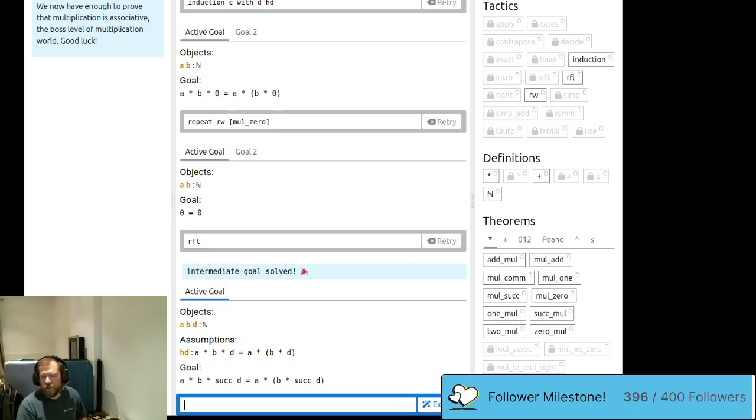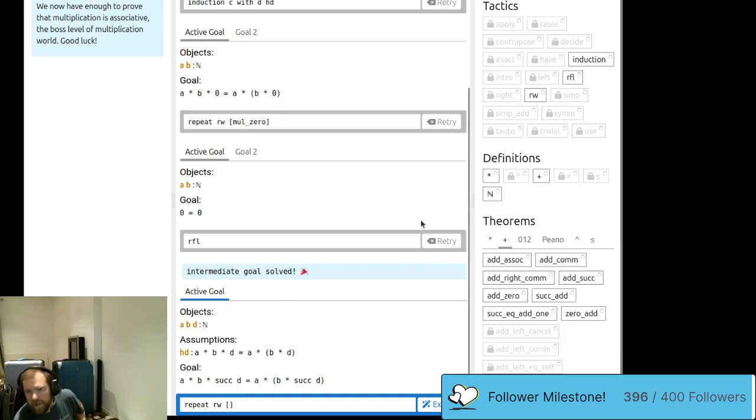So in this particular case, we're going to say that a times b times successor of d, we're going to rewrite this. You know what, we're going to rewrite, we want that the successor equals add 1.